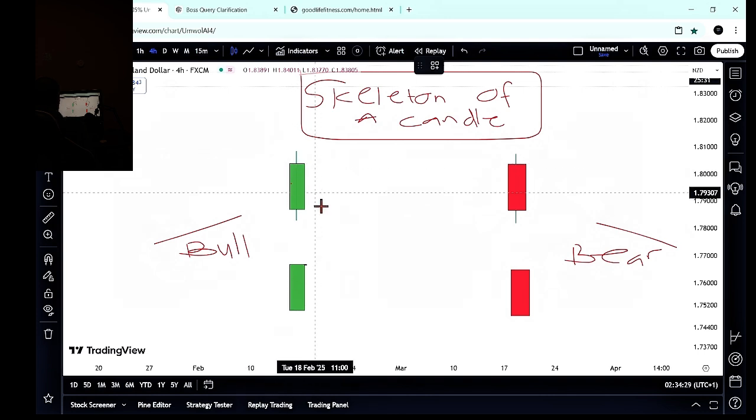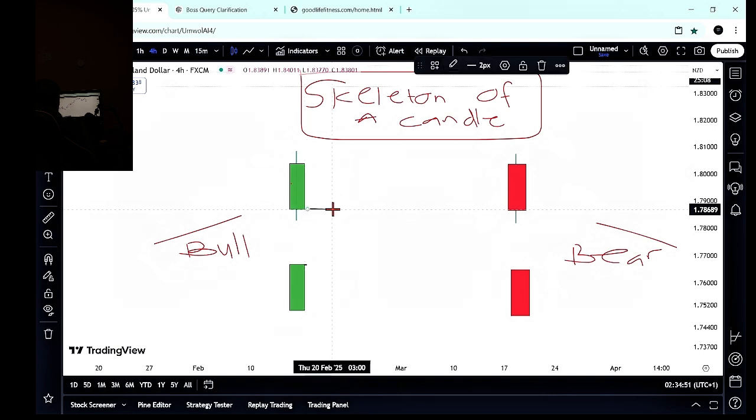All right. So now, for this bullish candle, a bullish candle is going to open below and close above, right? While a bearish candle is always going to open above and close below. This area here is going to be what? The open.